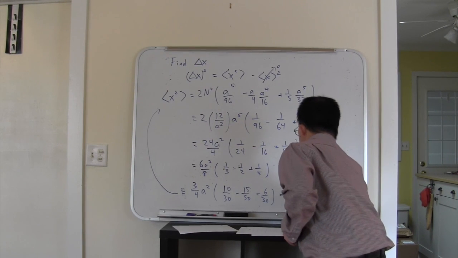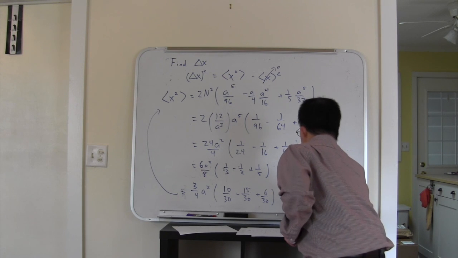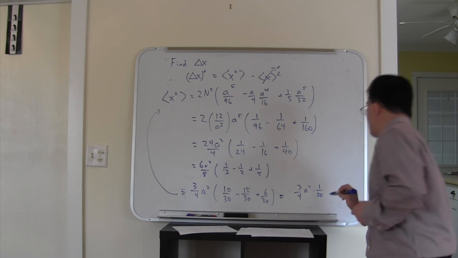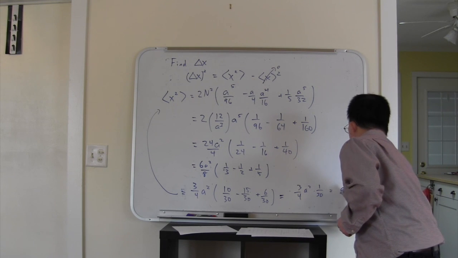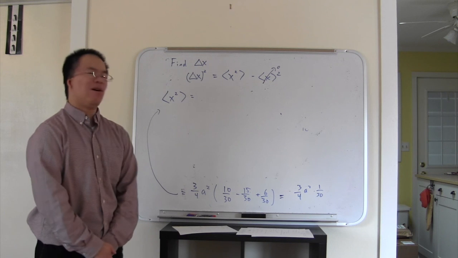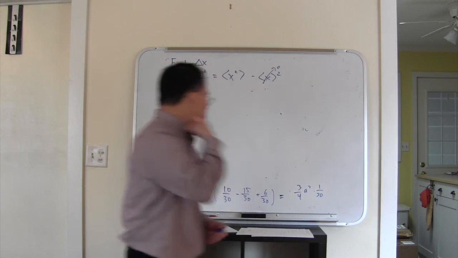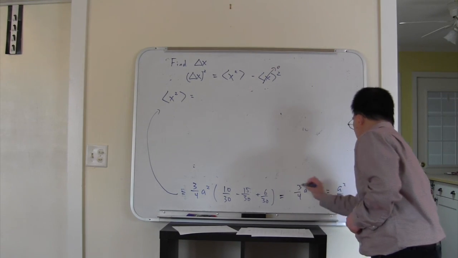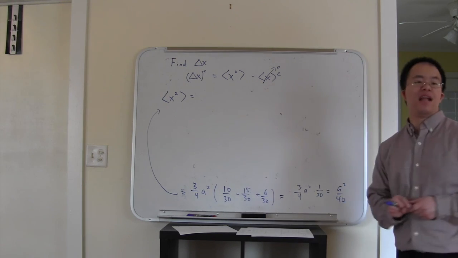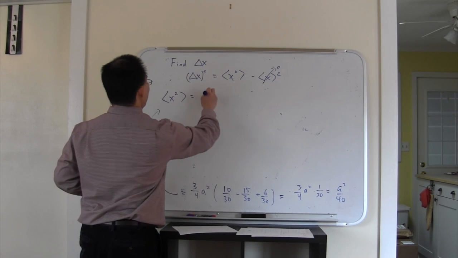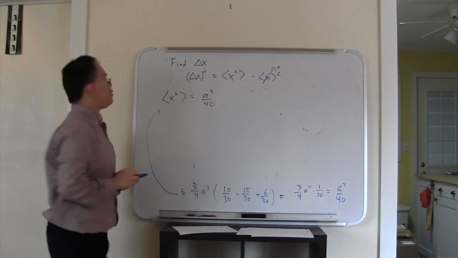So this is equal to 3/4 a squared times 1 over 30, or a squared over 10. So we've shown here that the expectation value of x squared, if I simplify this, is a squared over 40.